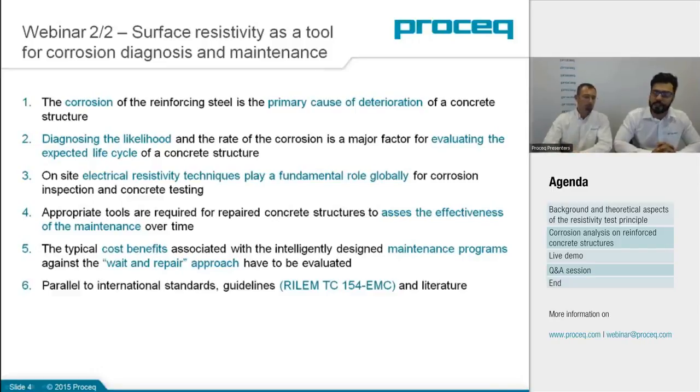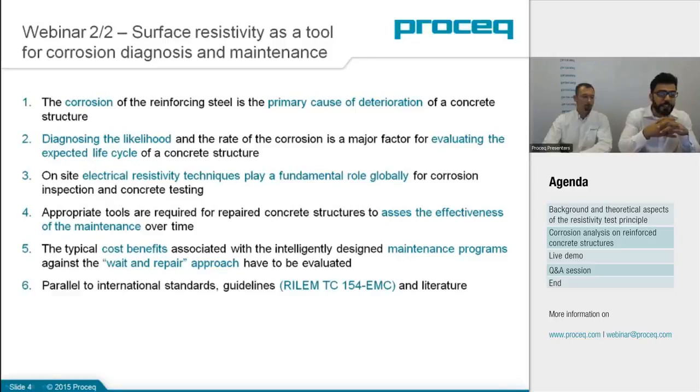Electrical resistivity techniques play a fundamental role globally in corrosion inspection, and the appropriate tools required for concrete repair are generally used over a long, systematic period of time to provide such maintenance.